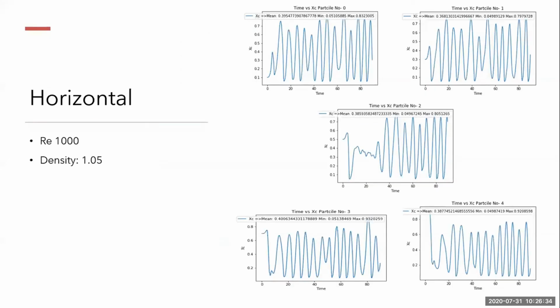This is again a position versus time graph of a case of a horizontal axis; the case has a Reynolds number of 1,000. Unlike the previous graphs, the solid particles are in a transient state most of the time, so it takes longer to reach steady state.